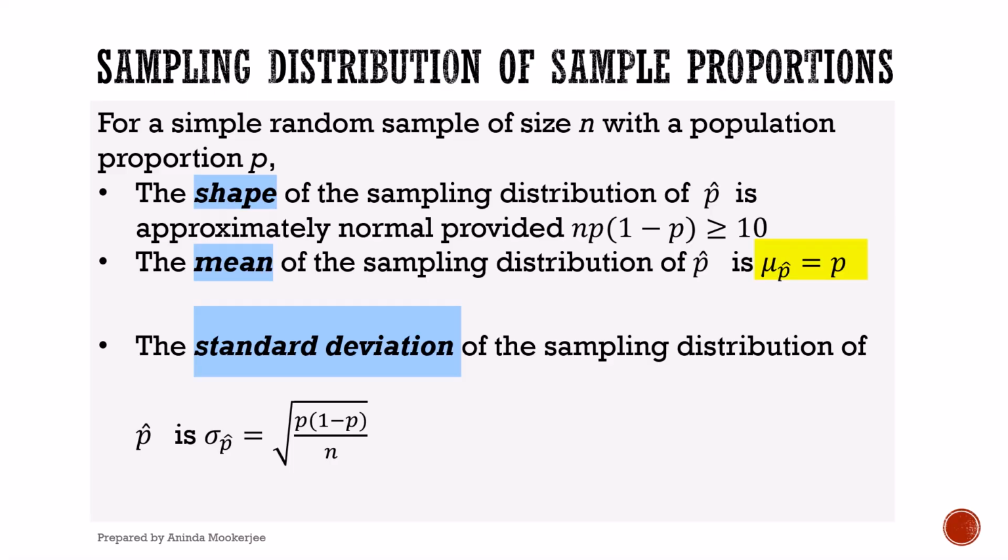So we use this sample proportion to estimate the population proportion. And then the standard deviation of the sampling distribution is given by this formula, which is p times 1 minus p, the bracket closed, divided by n, and then we take the square root of this entire expression.